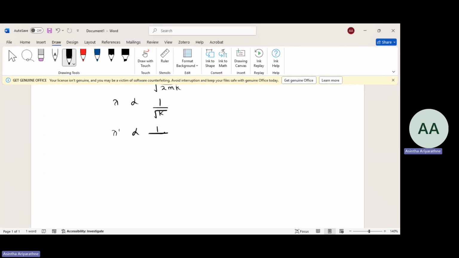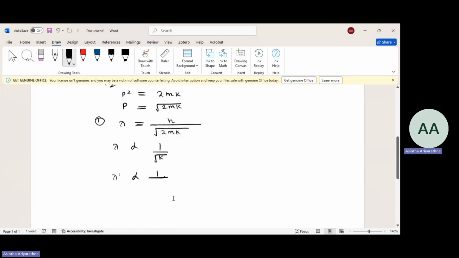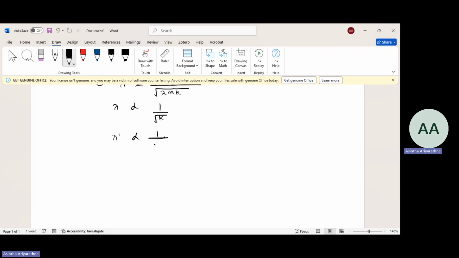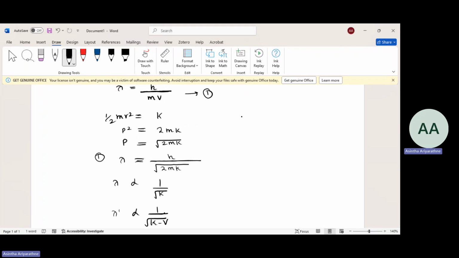So the potential energy increases to V. So the new kinetic energy would be K minus V. Total energy is K initially in the first case, where total energy is just kinetic energy.